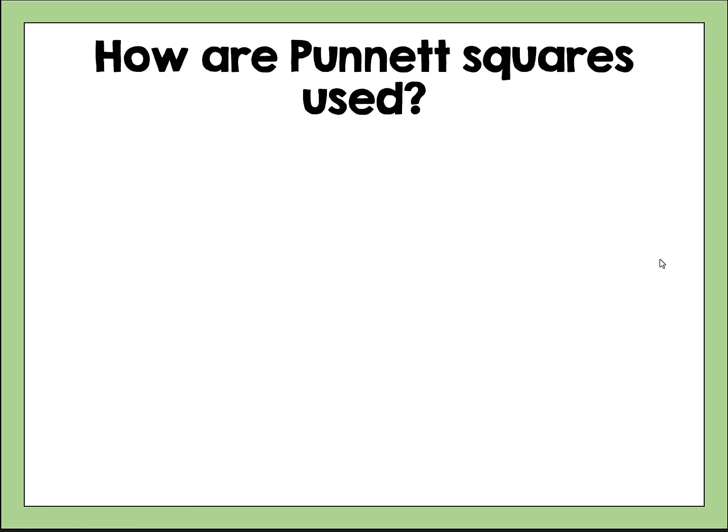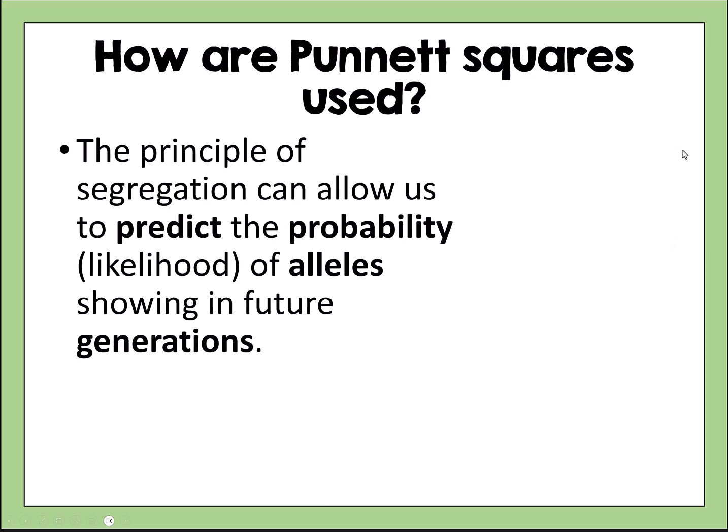So often when we're discussing genetics, the goal is to predict the outcome of the next generation. What is the next generation going to look like? And we use Punnett squares to solve those predictions.